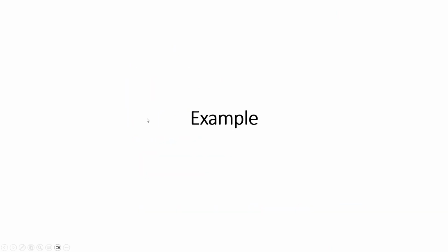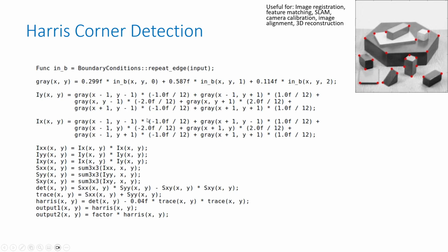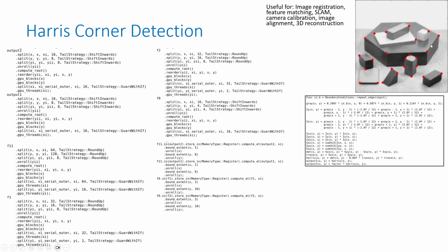Okay, now let's go to an example. I did this Harris corner detection example, and it is basically the same example that is used in the tutorial of Halide for the Adams autoscheduler. It's a relatively complex image processing pipeline that is used for image registration.